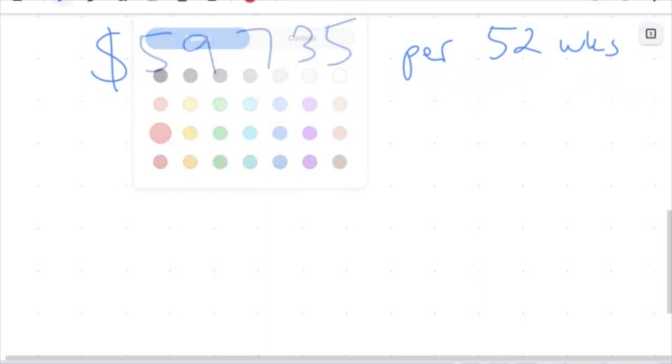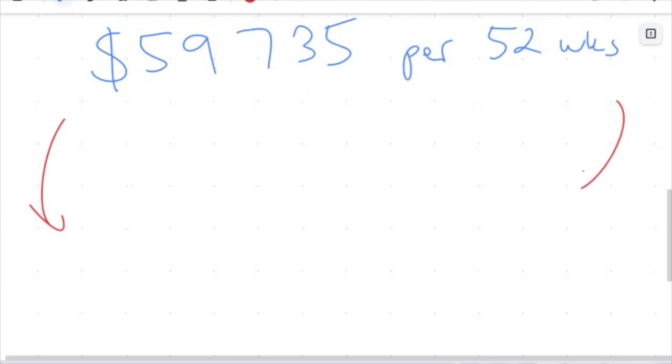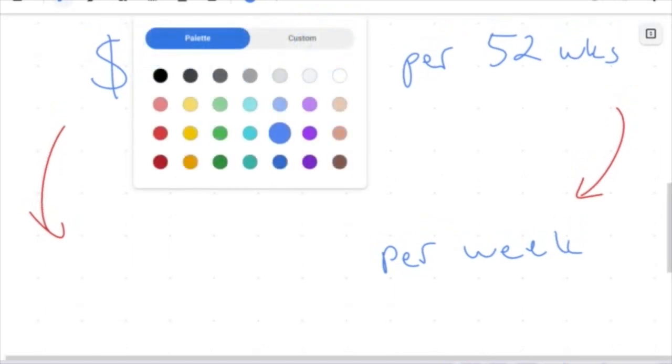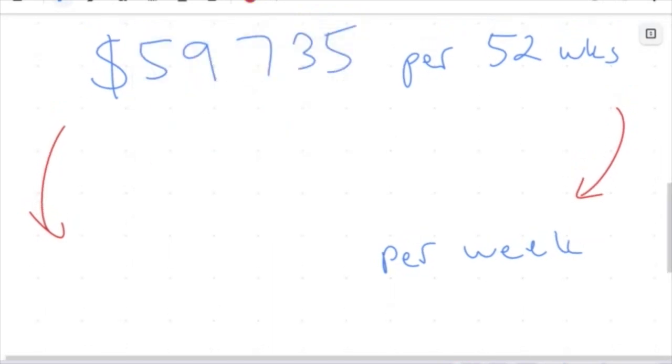So if I wanted to find how much with this job I would earn per 1 week, how can I do this? Well, if we remember from rates, we can divide by the amount of weeks here, because in essence we're trying to get from 52 down to 1. So I can get 52 to 1 by dividing by 52.